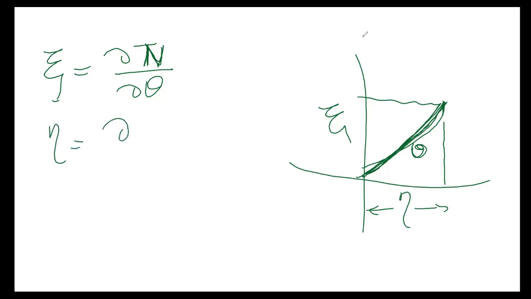If we have the geoid height N, xi is just the slope of the geoid. So what does it mean? It means the derivative of N, the geoid, with respect to theta, and eta is the derivative of N with respect to lambda.